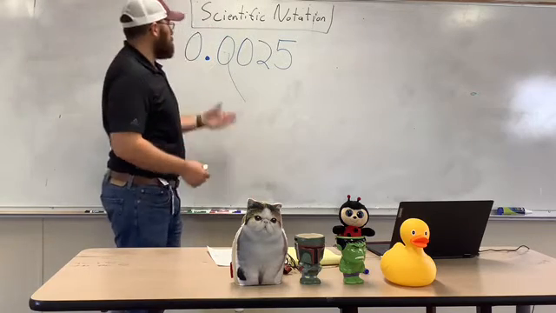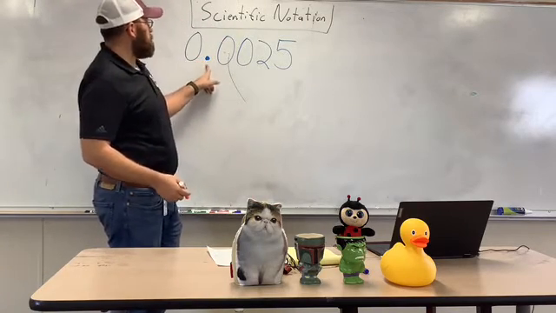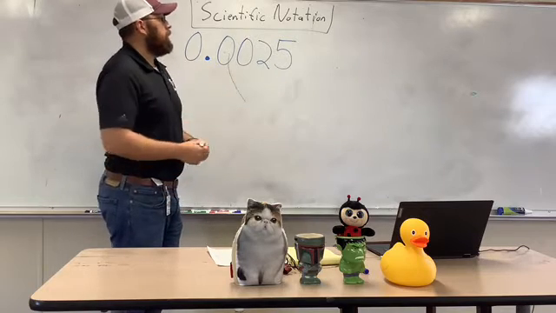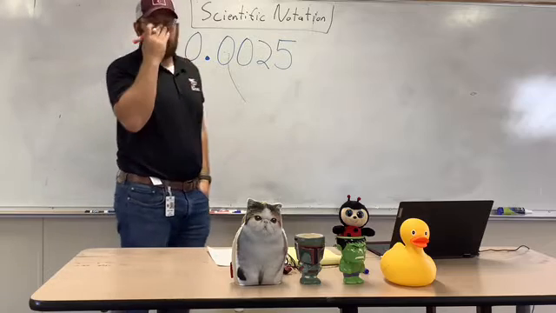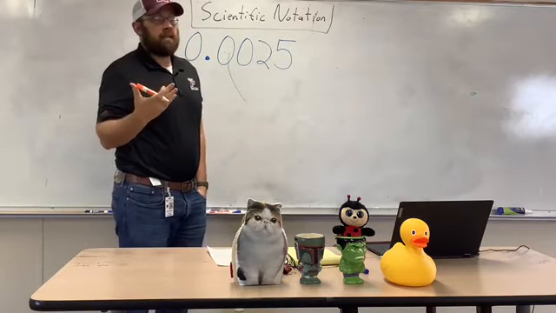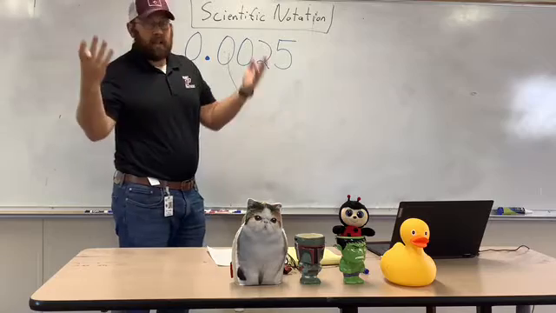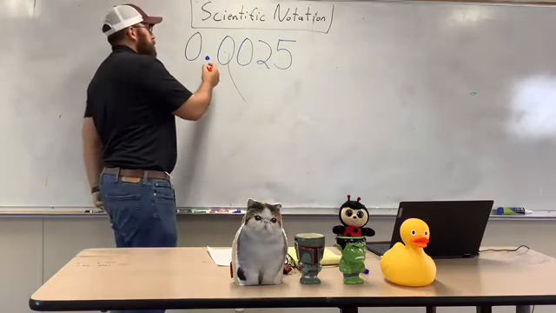This is our first example. So here I have 0.0025. Right? So what I'm going to do is move the decimal over to make this a number in scientific notation. All right.